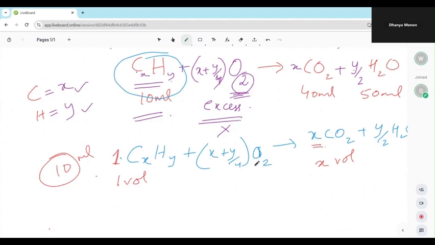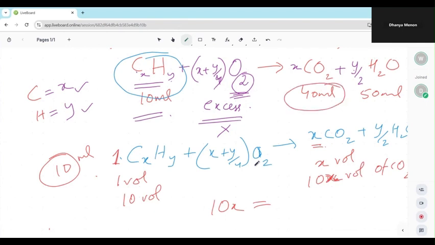So 10 volume will give you how much? 10x volume of carbon dioxide. 10x volume of carbon dioxide is equivalent to how much volume of carbon dioxide they have taken initially, or in the question 40 ml. So can we find out x from here? It is equal to 4.